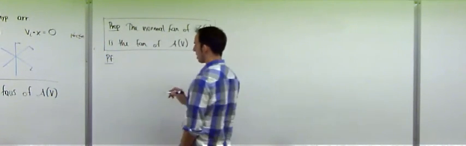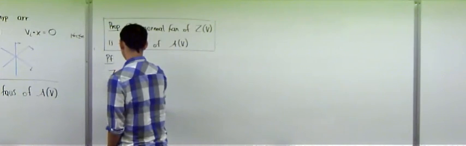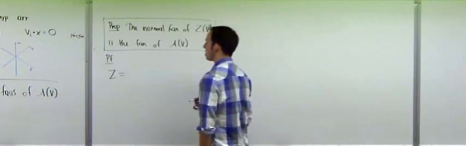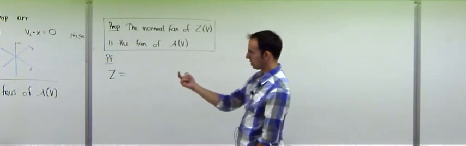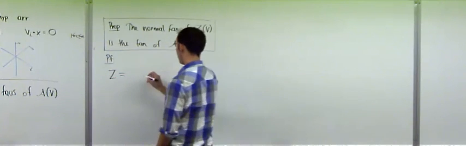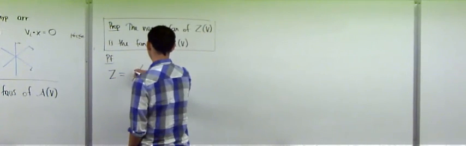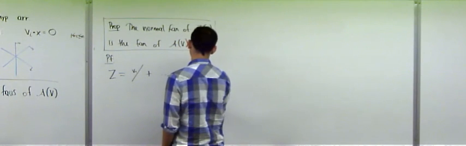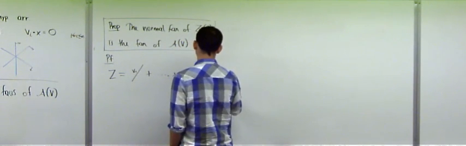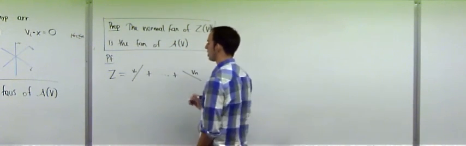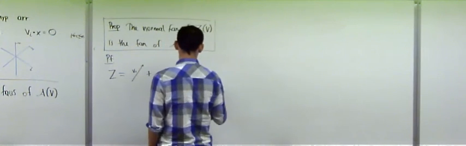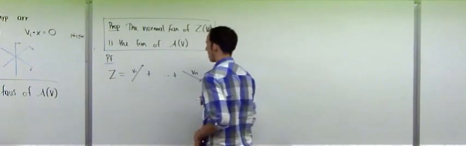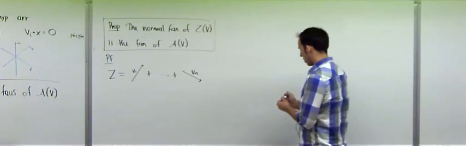We have something like Z is a sum of V1 plus dot dot dot plus Vn. Okay. Let's say that these all come with directions, and then I'm going to introduce a notation.